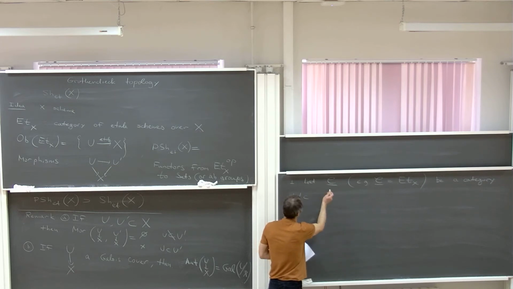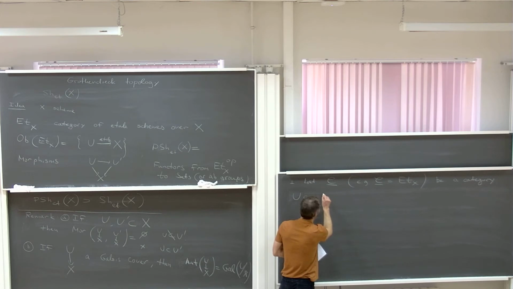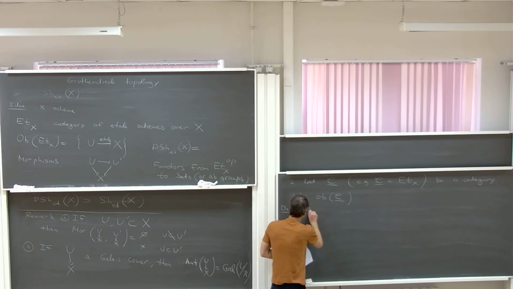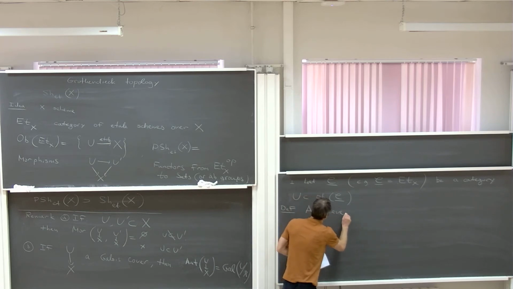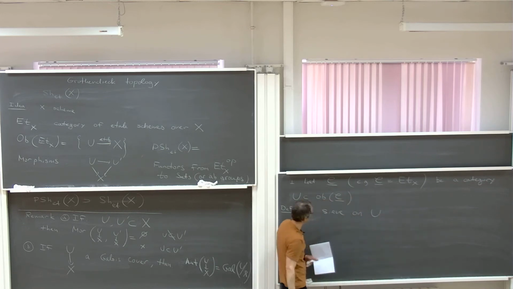Categories will be denoted by underlined Latin letters, and objects will be simply denoted by Latin letters. So an object of C. Then a sieve on U.